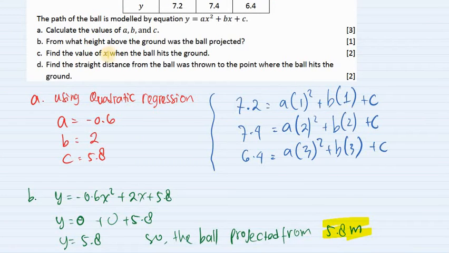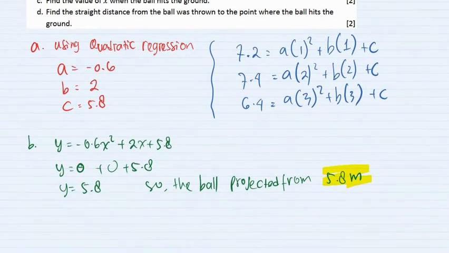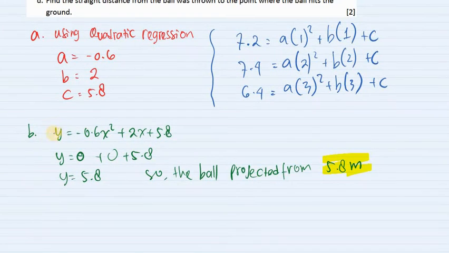Question C. Find the value of x when the ball hits the ground. Once again, for this you have two options. When the ball hits the ground, it means the height is 0. It means the y is 0. So 0 equals negative 0.6x squared plus 2x plus 5.8.